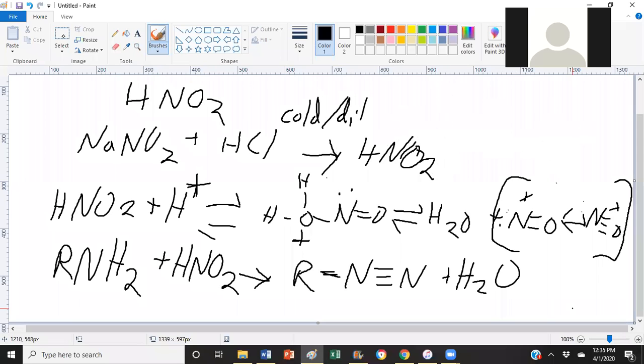Now from there, in the presence of water, because water's a byproduct when we form the nitrosonium, the water is going to act as a base and deprotonate the amine. From there, we're going to just repeat this.